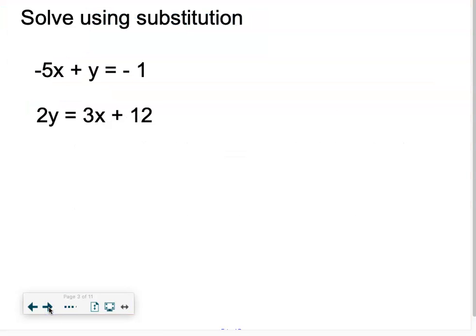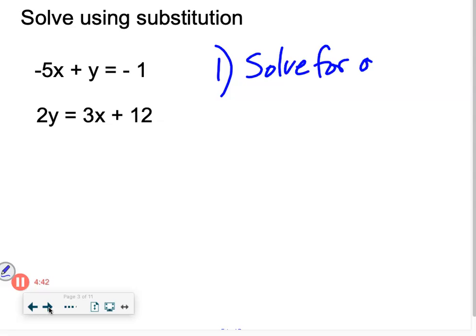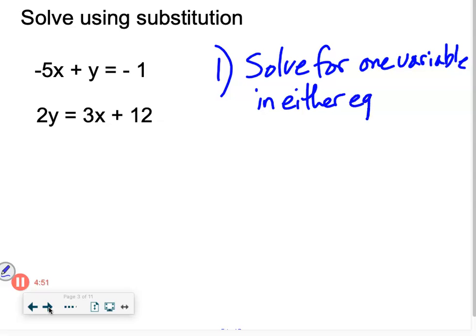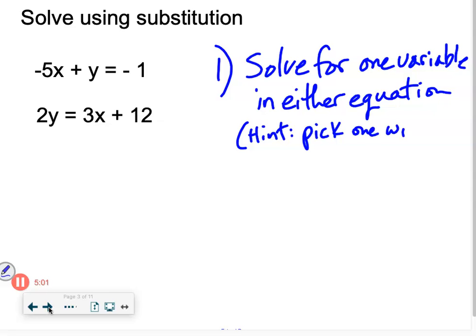Now, when you solve by substitution, your first job is to solve for one variable in either equation. And here's a little hint: pick one with a coefficient.